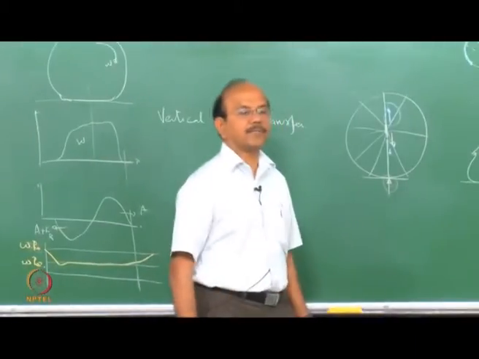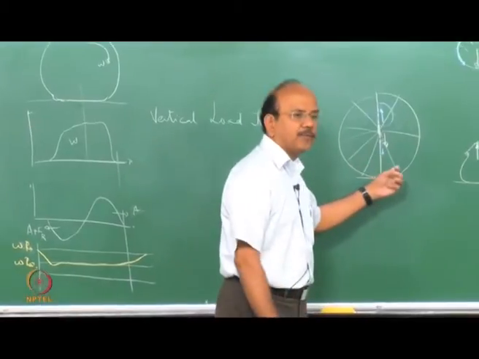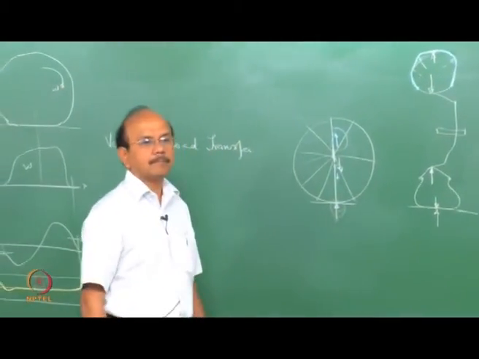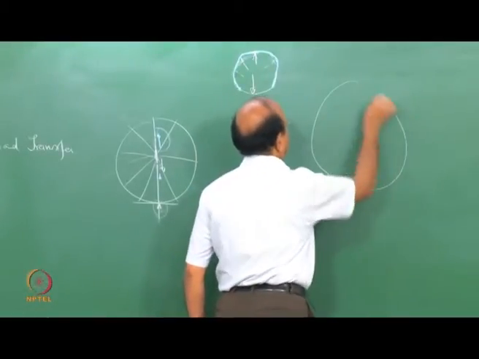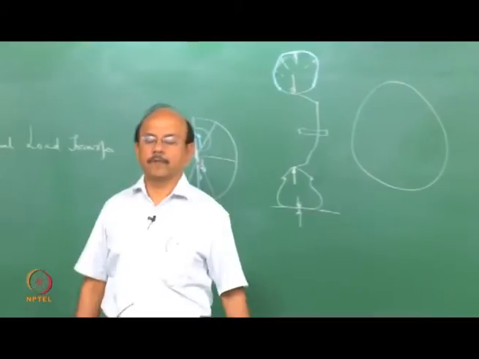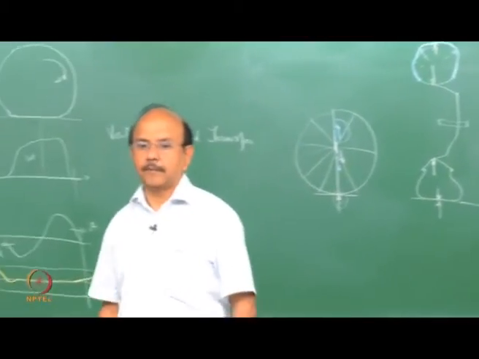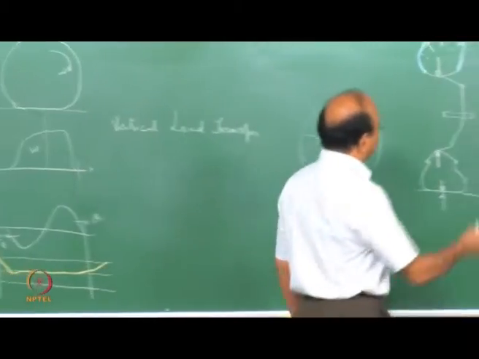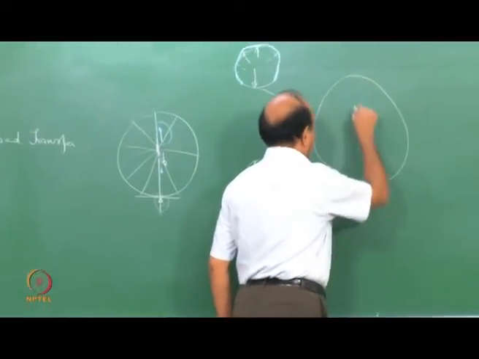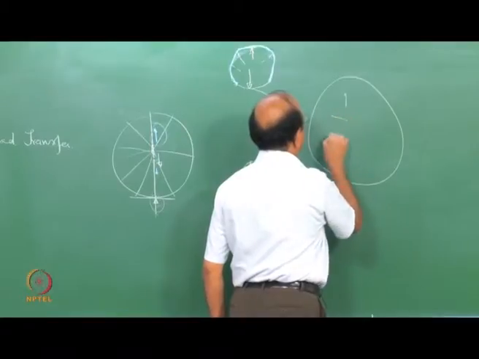Then what is it that carries the load? In the same fashion as we explained the spokes, if you now look at the side of the tire, pardon me that it's not a very good circle. Now the inflation pressure is acting all through.